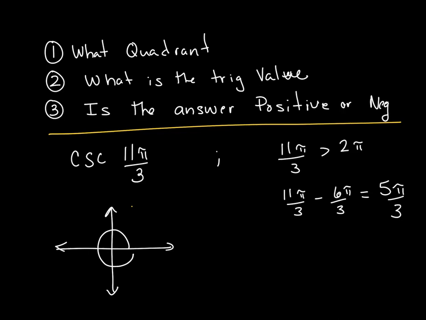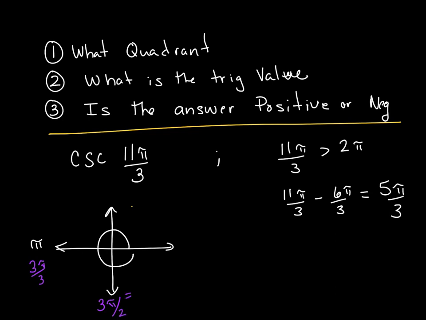Now, how do I know what quadrant this is in? Well, pi is another way of saying 3 pi over 3. So 5 pi over 3 is definitely larger than that. And down here, this is 3 pi over 2.